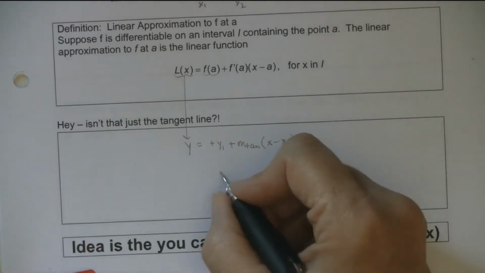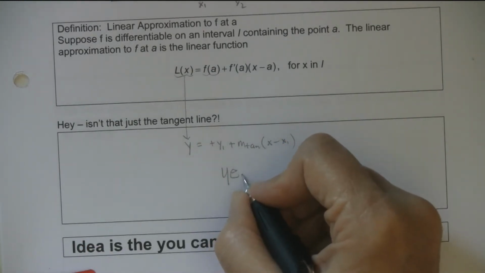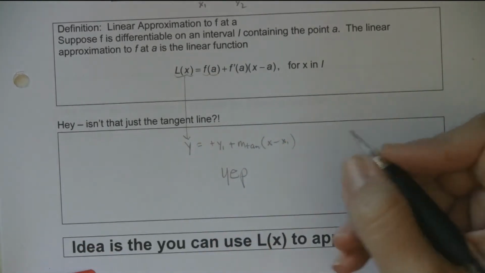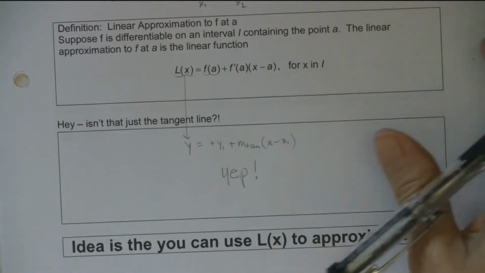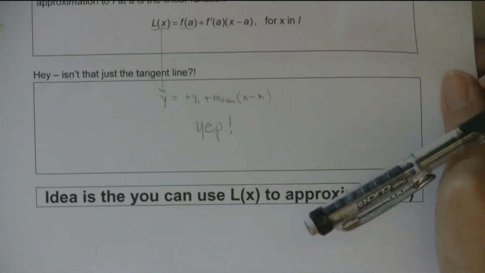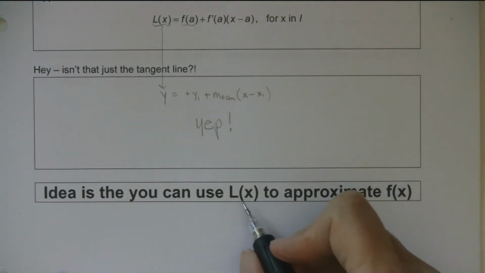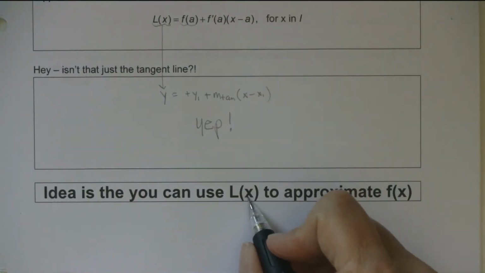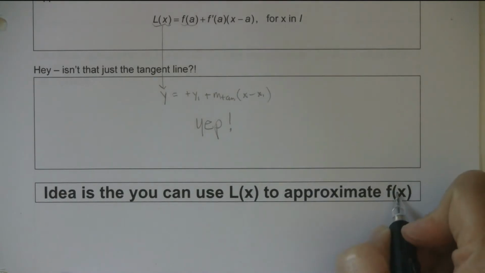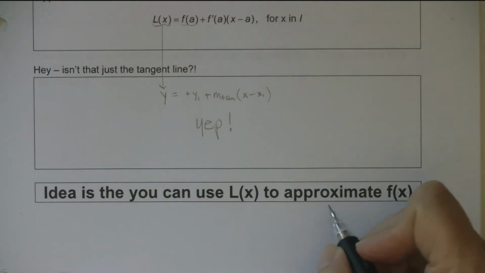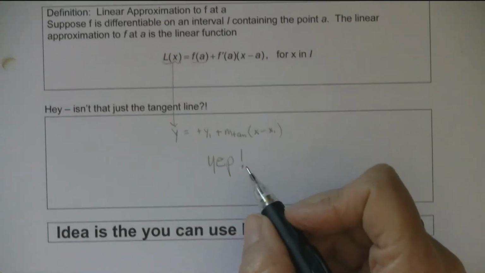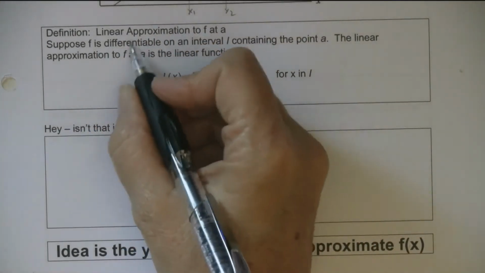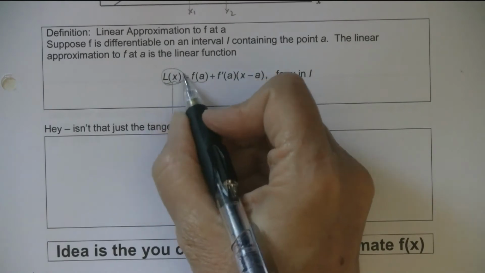Yep, that's what it is. So it's not anything that new. The idea that they're going to be honing in on, though, is that you can use L of x to approximate f of x. That's going to be the big deal. And if I ask you for the linear approximation, then this is the notation you should use.